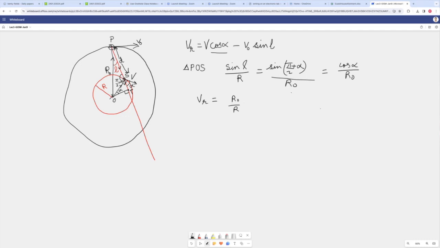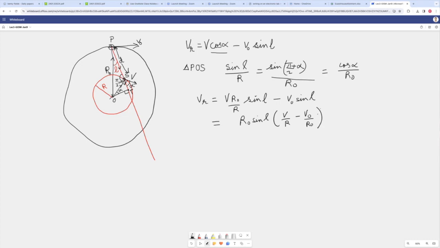Sorry, this is cos alpha, so r0 by r sine L. So cos alpha is r0 by r sine L times b minus b0 sine L, and that's nothing but r0 sine L times v by r minus v0 by r0.